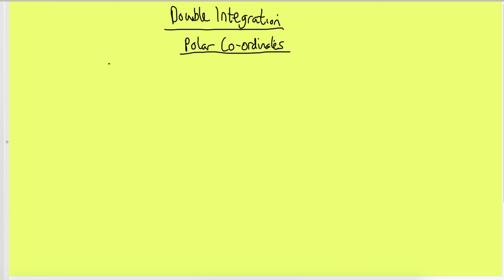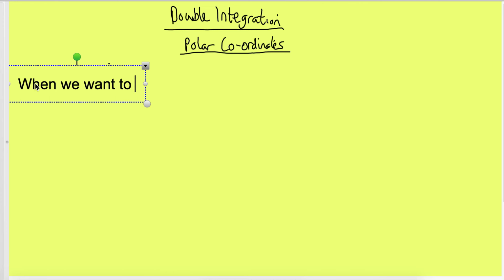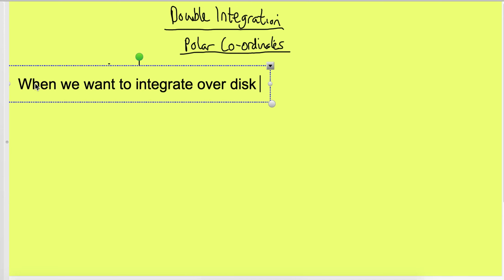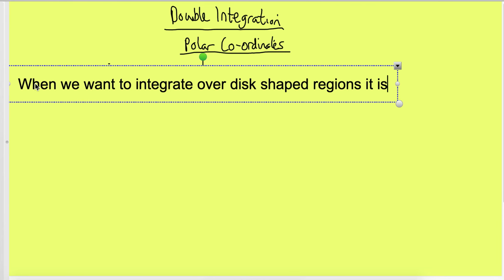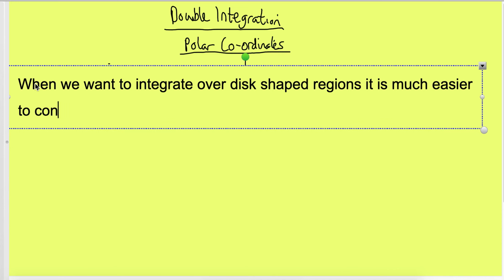Okay, so when we want to integrate over disk-shaped regions, it is much easier to convert x and y to r and theta.